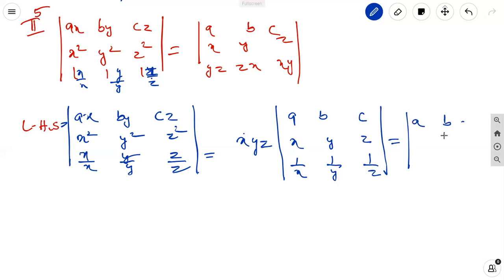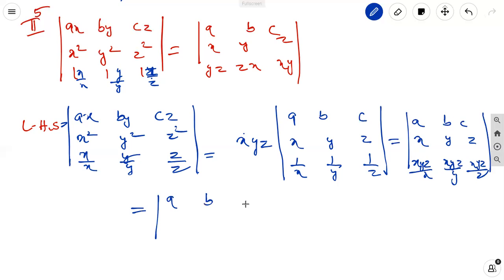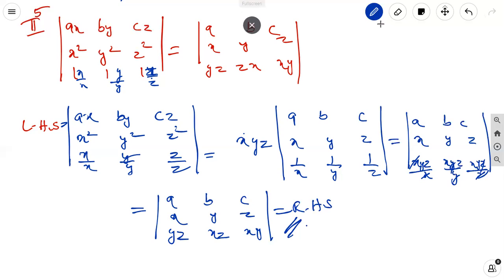Determinant a, b, c, x, y, z, xyz by x, xyz by y, xyz by z. So it is equal to determinant a, b, c, x, y, z, x cancel, y cancel, z cancel, yz, zx, xy, equal to RHS.